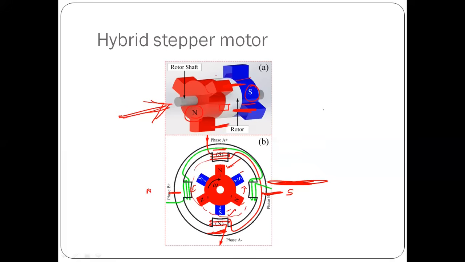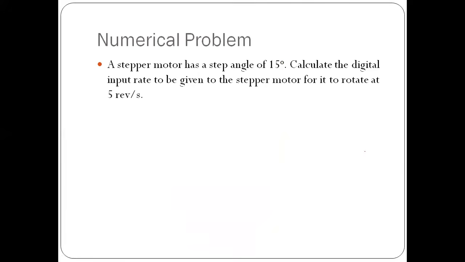Say the rotor has got m number of teeth and the stator has got n number of teeth. Then the number of pulses that has to be given for the motor to rotate 360 degrees is given by m into n. Now we'll see a numerical problem based on the stepper motor. Say a stepper motor has a step angle of 15 degrees.